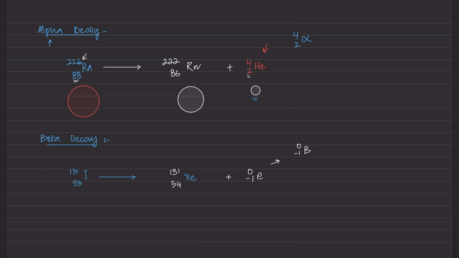As the neutron changes into a proton, my proton number is going to increase. Similarly over here, my proton number is going to increase by 1, because it was previously 53. Now there's another proton, so it's now going to turn into 54.